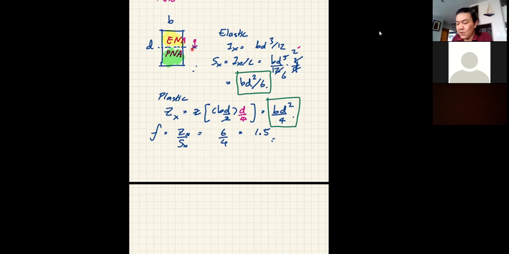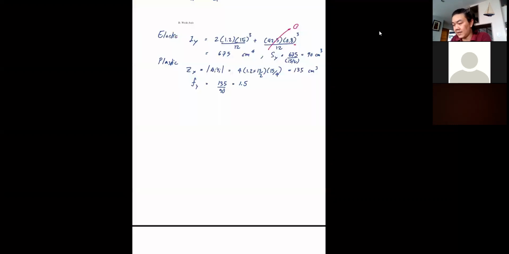But after that, you get the formula for any rectangle. That means if you have a rectangle, you don't have to split the area into two again. You can use this formula right away. That's the point. So now we come back to the example that we worked on yesterday.